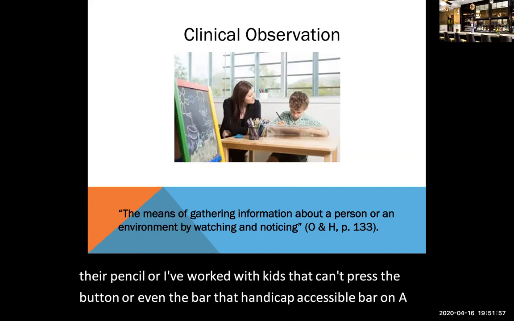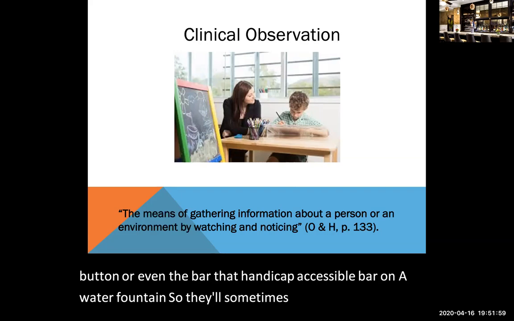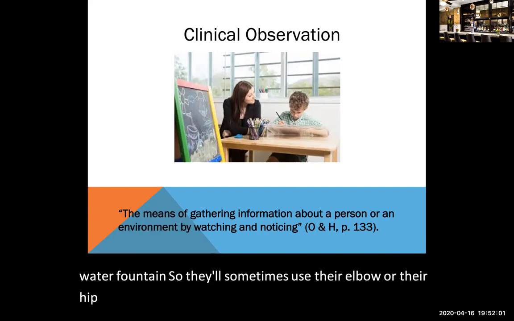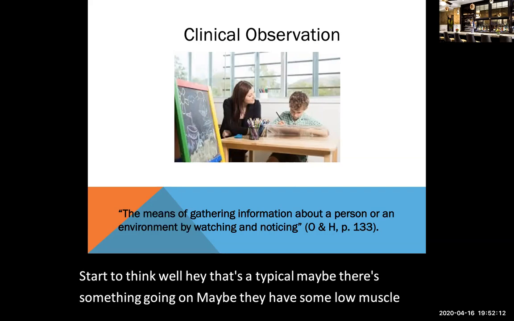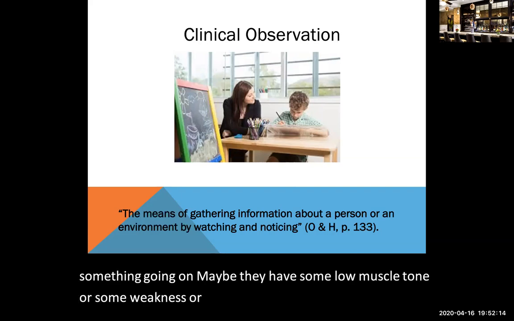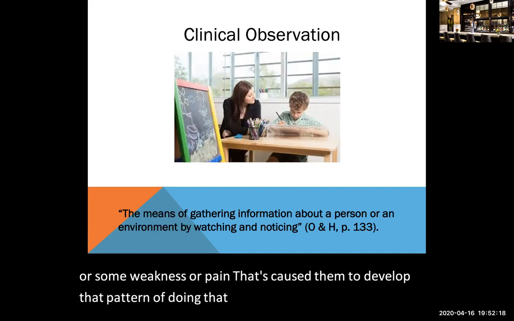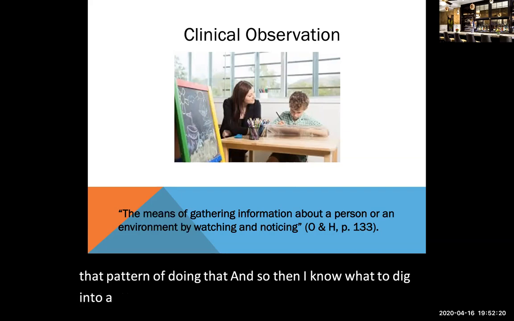So they'll sometimes use their elbow or their hip to do it. And it's really telling because you start to think, well, hey, that's atypical. Maybe there's something going on. Maybe they have some low muscle tone or some weakness or pain that's caused them to develop that pattern of doing that. And so then I know what to dig into a little deeper as I go forward with the evaluation or the intervention.